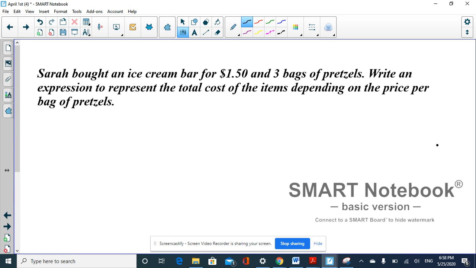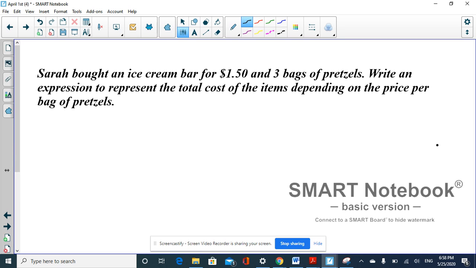Sarah bought an ice cream bar for $1.50 and 3 bags of pretzels. Write an expression to represent the total cost of the items depending on the price per bag of pretzels.